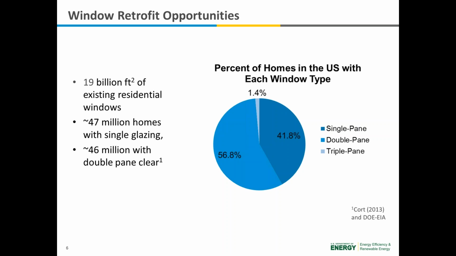In addition, a percentage of the homes that have double pane windows have clear glass windows rather than high performing low-E windows. So we see a tremendous opportunity for technologies that improve existing window performance, such as energy efficient window attachments, to provide energy savings to a large segment of residential homes.